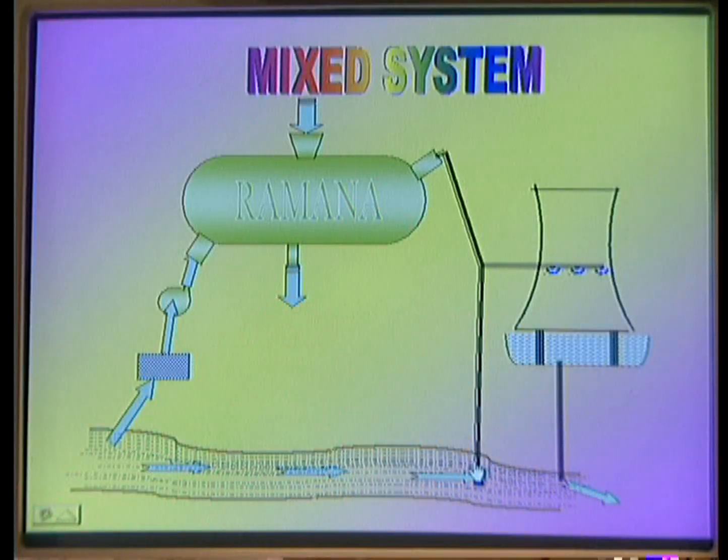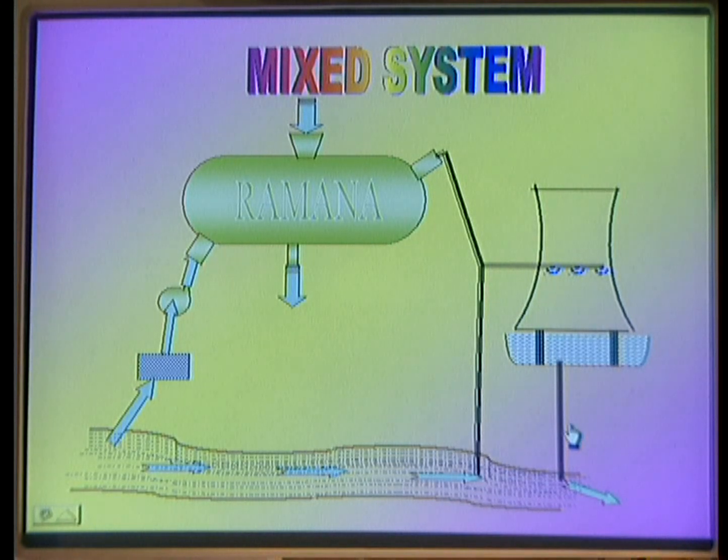Because there is an environmental objection. This is a continuous process, and if hot water from the condenser is continually released into the river, small living creatures may be harmed, or there may be water pollution. In that condition, before releasing this hot water into the river, we first cool it by using the cooling tower, then the cool water is released on the lower side of the river. This is the basic idea of the mixed system.